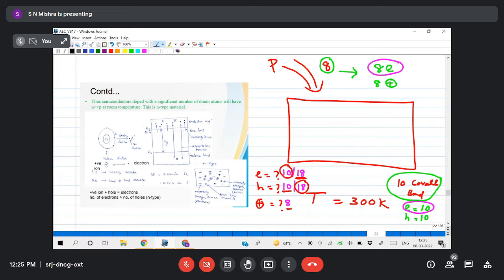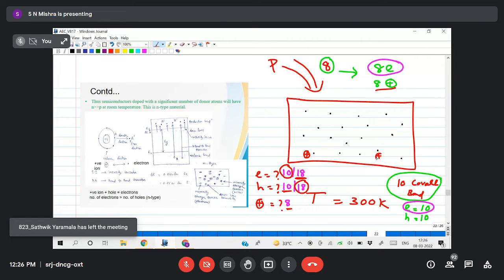So let me count: 1, 2, 3, 4, 5, 6, 7, 8, 9, 10, 11, 12, 13, 14, 15, 16, 17, 18. Okay, 18 electrons. Out of that, 8 from phosphorus, 10 from covalent bond breaking. Now after that, 8 positive ions: 1, 2, 3, 4, 5, 6, 7, 8.